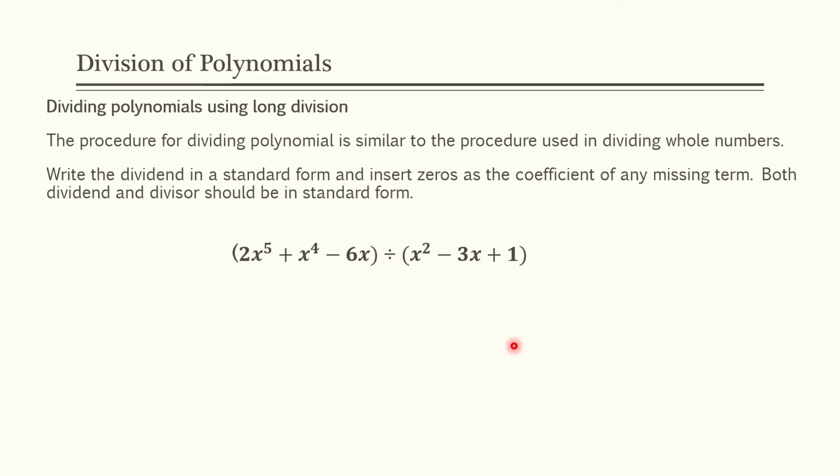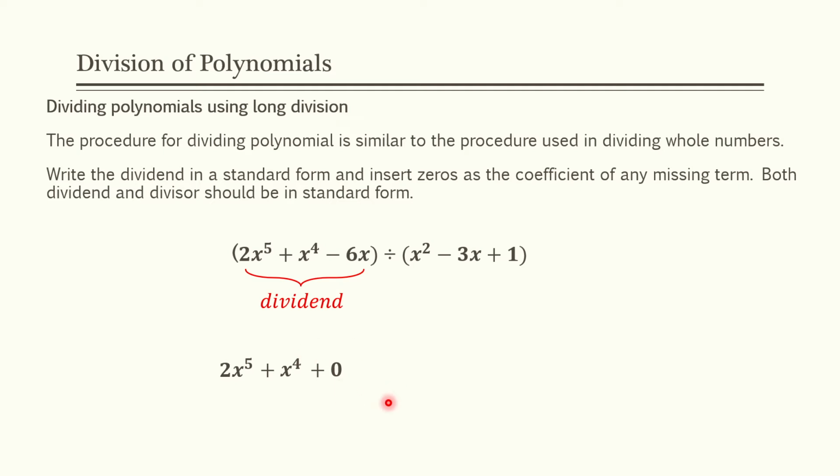So, what we have to do is, this dividend, we have to arrange it again. So, mauna yung 25x to the fifth plus x to the fourth. Since wala tayong x cubed, lalagay tayo ng 0. Okay? Always remember, pag anong missing, lagyan natin ng 0. Next ng x cubed, dapat ang susunod is x squared.